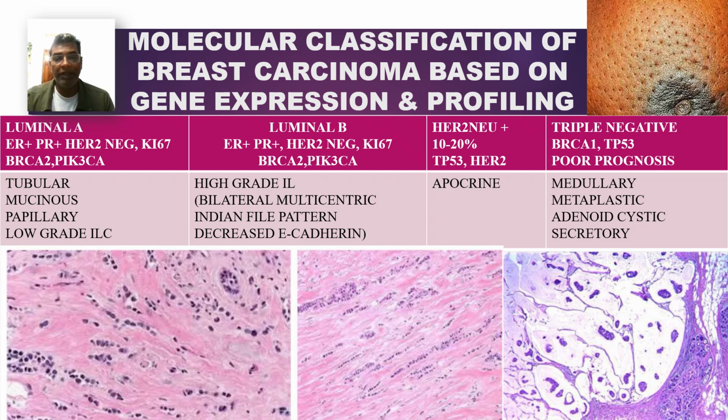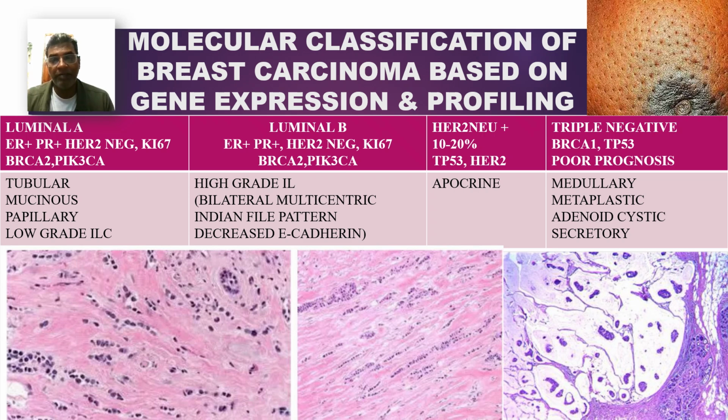In this luminal B type, high-grade invasive lobular carcinomas will come. The high-grade invasive lobular carcinomas are bilateral, multicentric, and they will show the Indian file pattern, which is characteristic of invasive lobular carcinoma. And this invasive lobular carcinoma is because of decreased E-cadherin. Coming to HER2 positive, they are around 10 to 20%. The mutation will be TP53, and here HER2 amplification is there, thereby resulting in these breast carcinomas.